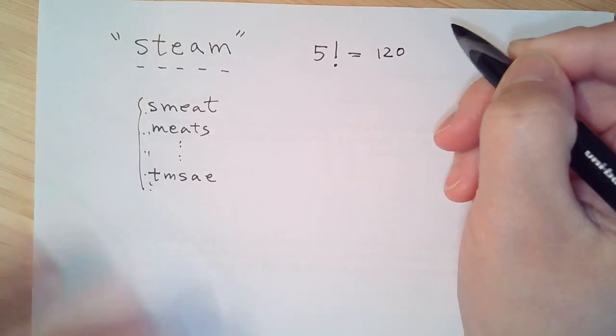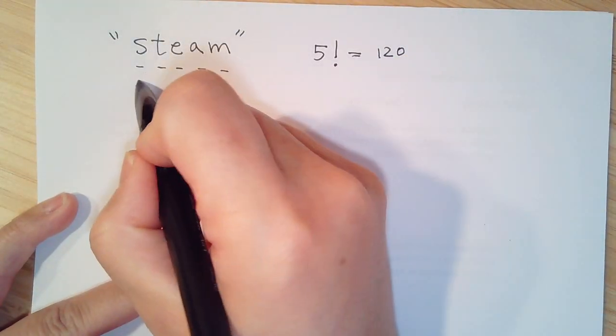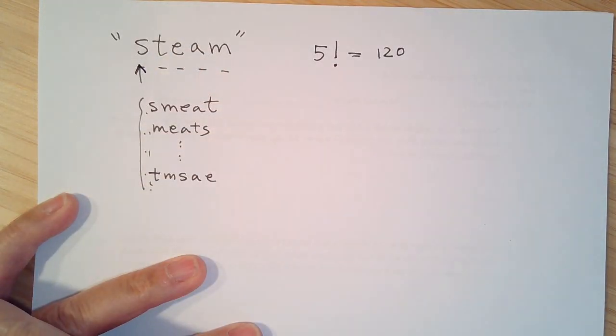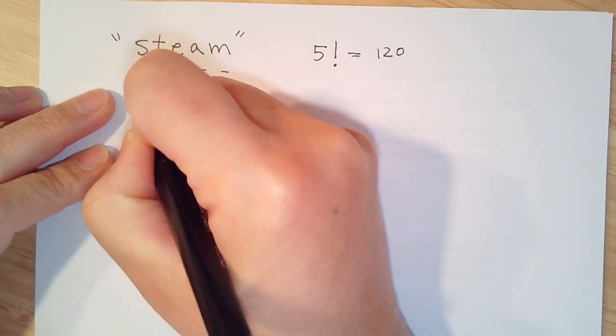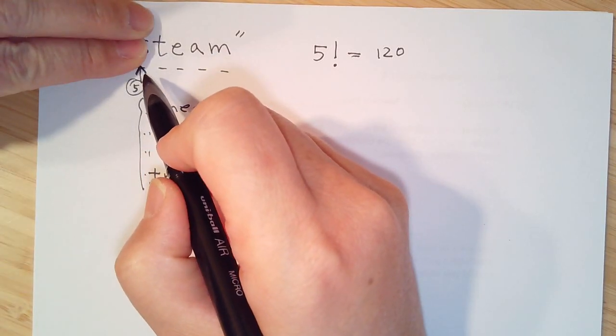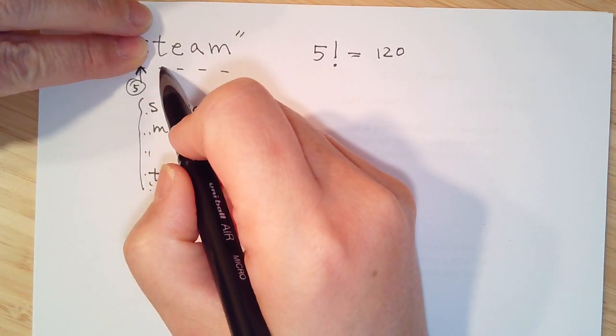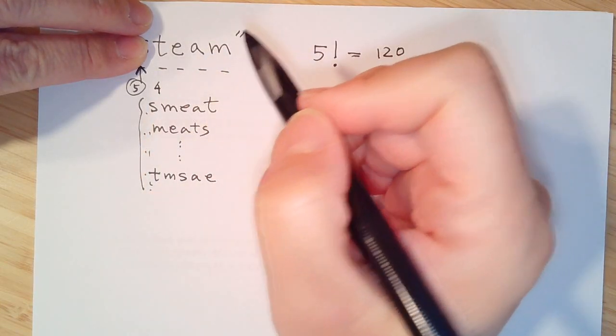There are 120 ways. The other way to think about this question is how many ways you can put a letter in the first place. There are 5 of them, right? Could be S, could be T, could be E, could be A, or M. So there are 5. And once you put a letter here, that letter cannot be reused. So for the next place, there are 4 ways, because you have 4 letters left.